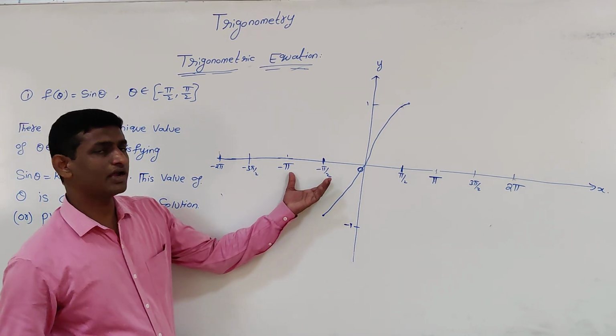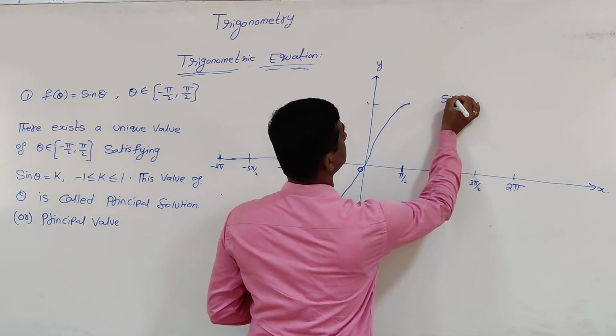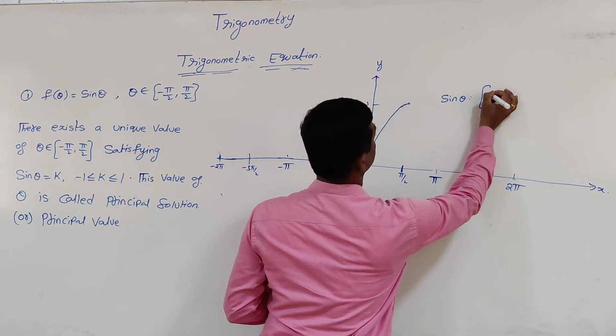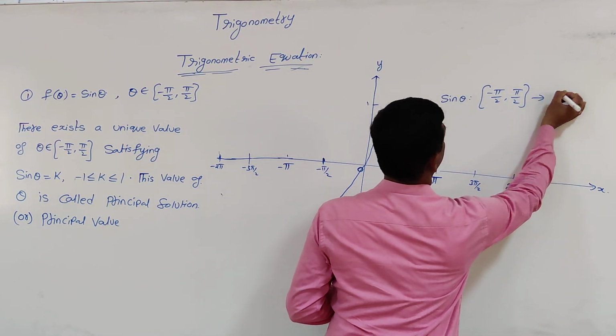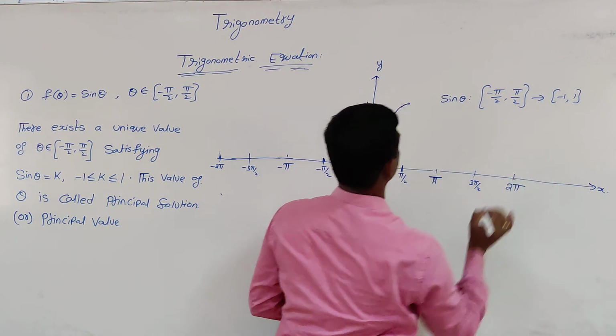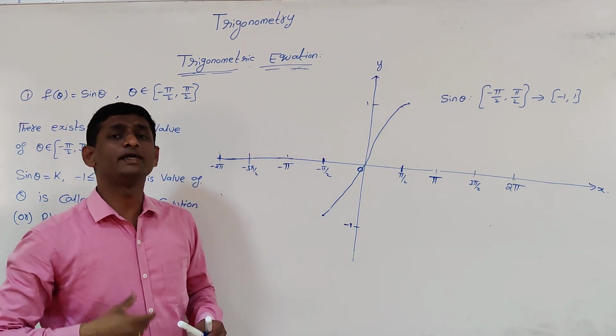Now see the graph: we have restricted the domain, so sin theta is a function from the closed interval minus pi by 2 comma pi by 2 to the closed interval -1 comma 1. Then this function becomes a bijective function.